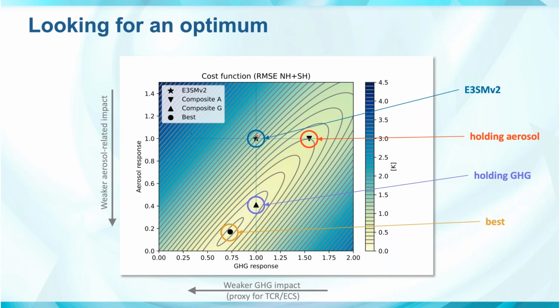One is assuming that the aerosol response is correct. What would it take to try to get a better 20th century? Well, we would have to move down the slope this way, essentially increasing the greenhouse gas response, so essentially increasing TCR or possibly ECS. So this is trying to balance a strong aerosol forcing with a high sensitivity model.